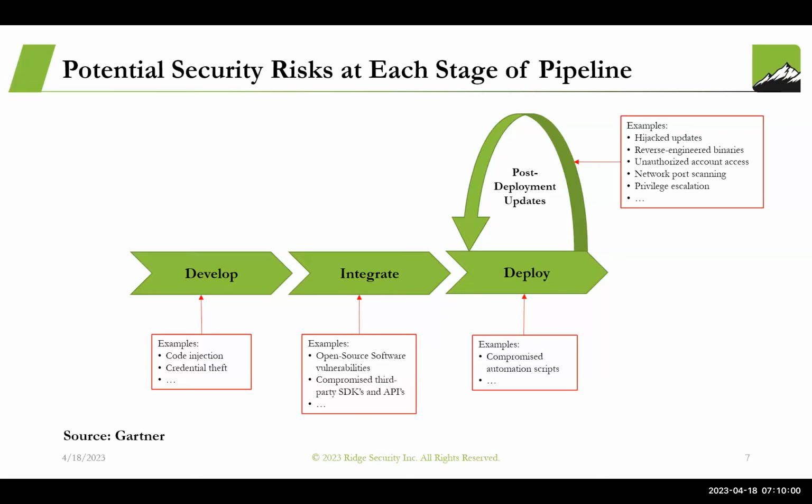Although the precise attack vector may vary in each case, the attacker usually gains unauthorized access to development environments and infrastructure. So here we see examples of what hackers can do at each of these stages.